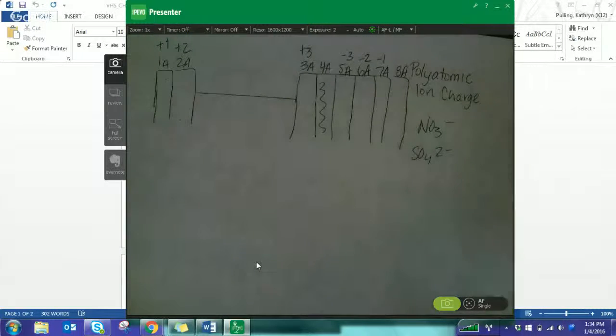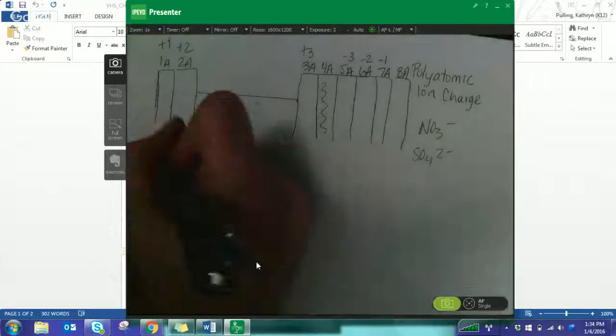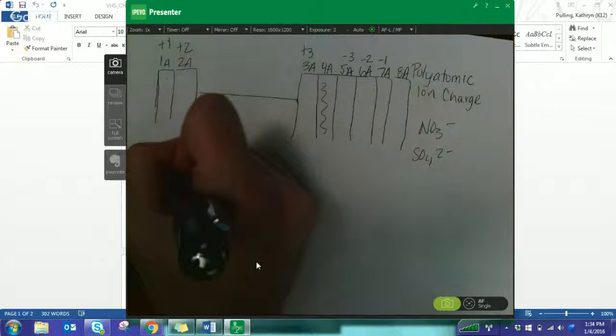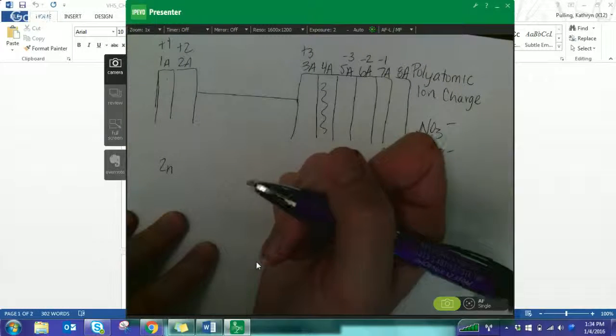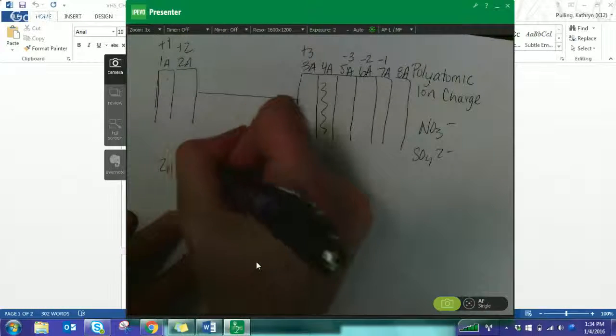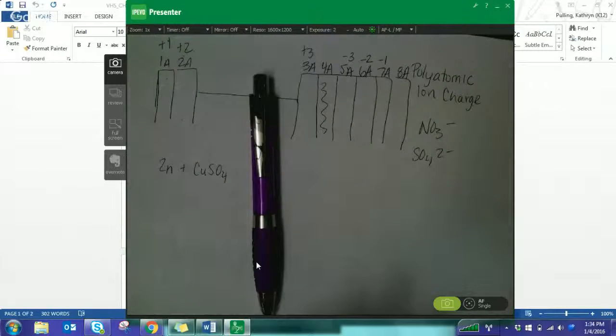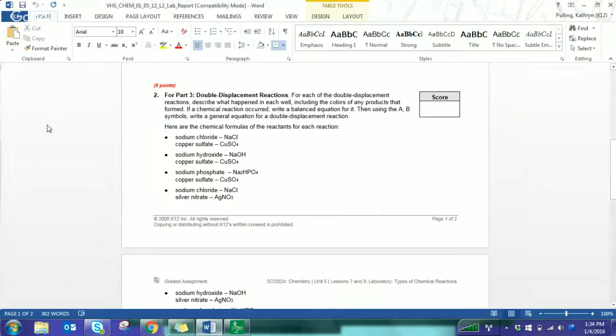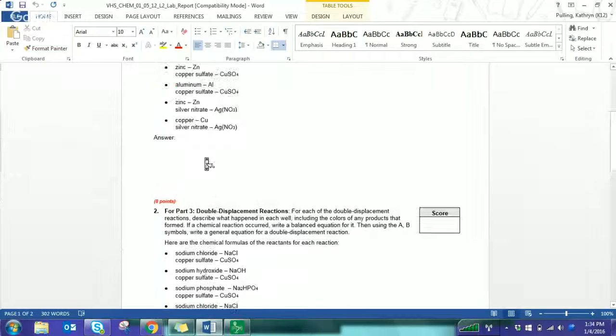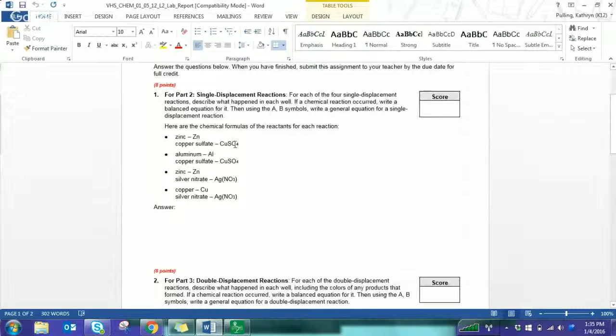So, for example, in part 2, we had a reaction in the very first one. We had zinc and copper sulfate. The lab report gives me some formulas. Copper, according to what we're using in copper sulfate, is a 2+ charge copper.